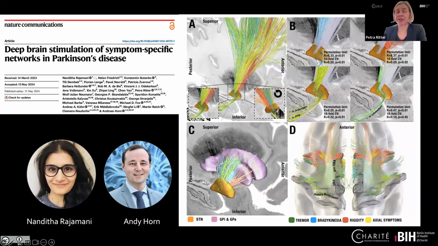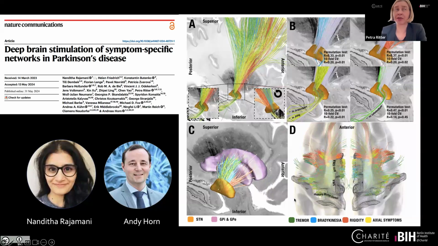And this recent study, done as part of the PhD project of Nandita Rayamani, has reconstructed the fibers in the brain based on diffusion tensor imaging, and developed a predictive model using these fiber reconstructions to predict for an individual patient which of these fibers need to be stimulated in order to best treat their symptoms in the case of motor disease.